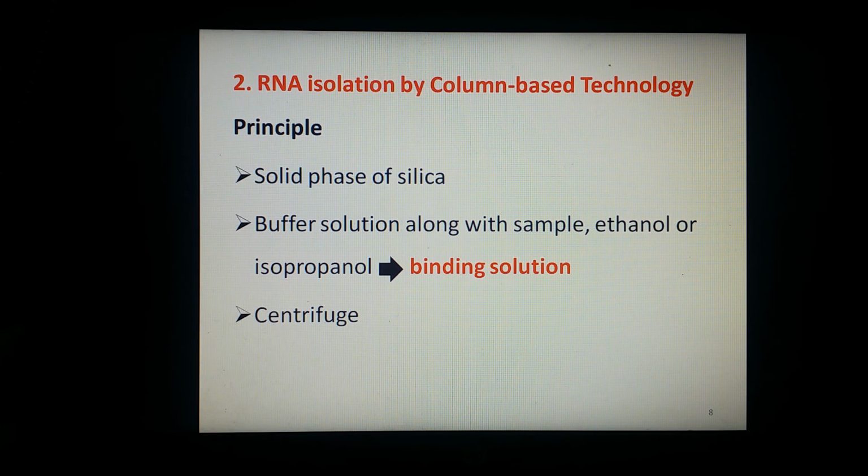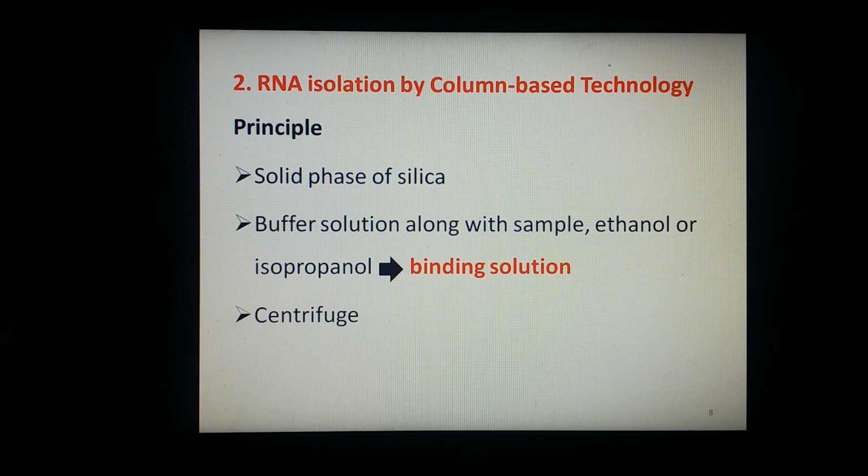The second method is RNA isolation by column-based technology. The principle of this technique is that the nucleic acid binds to the solid phase of silica under certain conditions. A buffer solution along with the sample and ethanol or isopropanol forms a binding solution; you can use either ethanol or isopropanol.